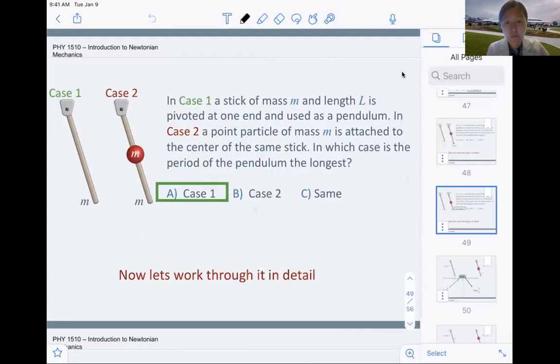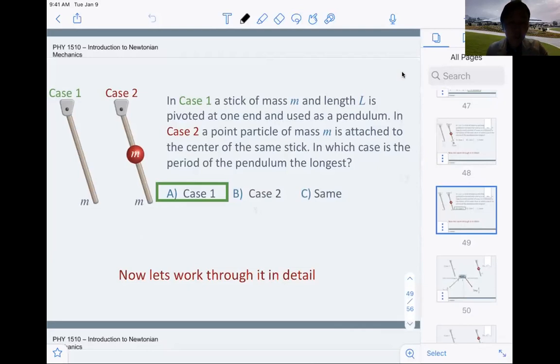So we figured out case one had a longer period by looking at it qualitatively. We looked at a stick pendulum versus a simple pendulum, and case two is these two combined together. So the omega of that is in between. So case one still had the longest period.